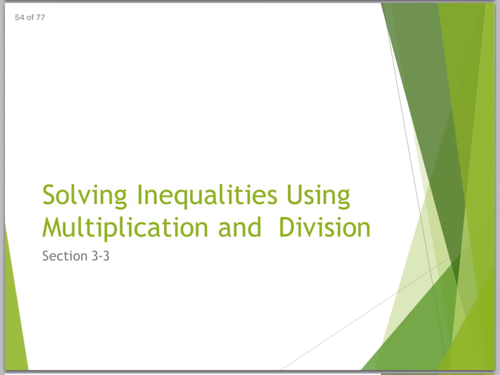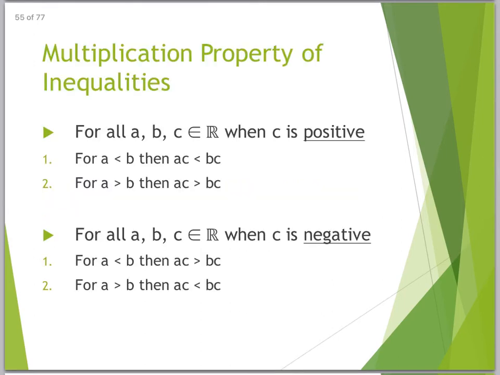Alrighty, so solving inequalities with multiplication and division. Here's where it gets a little bit hairier. The multiplication property of inequality says for all a, b, and c that are real numbers, when c is positive, so if I multiply both sides by a positive number or divide both sides by a positive number, nothing changes.